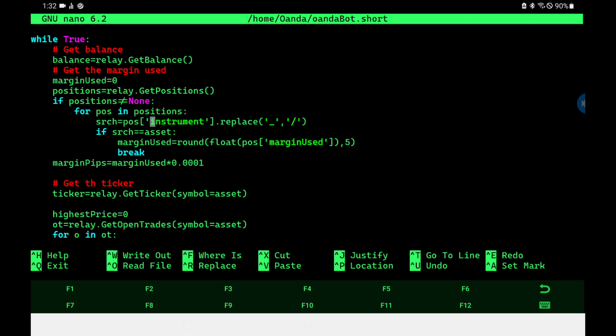Okay, now we do have a margin. We go out and we figure out what that margin is. So now we've taken our margin and we established a margin pips.